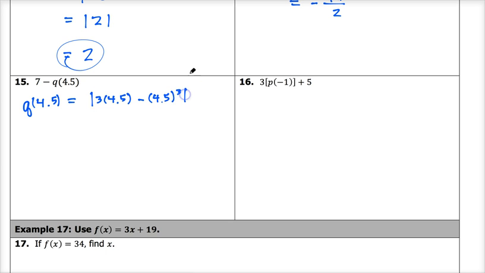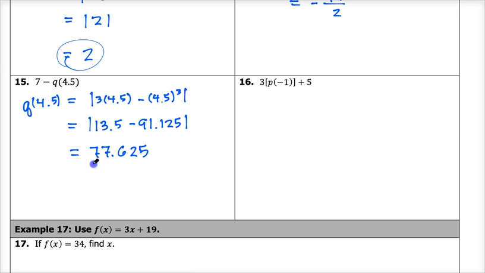This is where calculators come in handy. 3 times 4.5 is 13.5. 4.5 cubed is actually 91.125, so this is minus 91.125. Inside the absolute values, we end up getting a negative 77.625, and so because it's absolute value, that would become a positive 77.625.